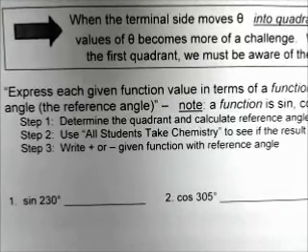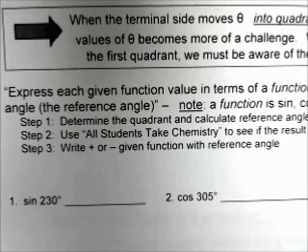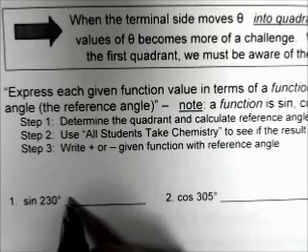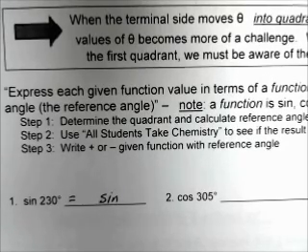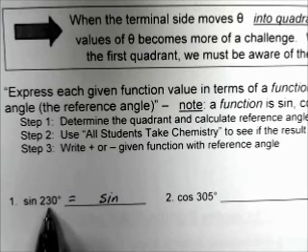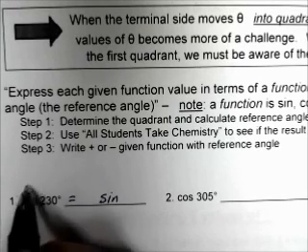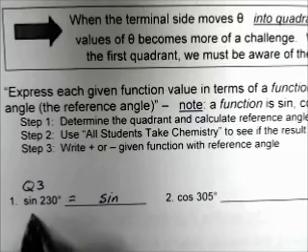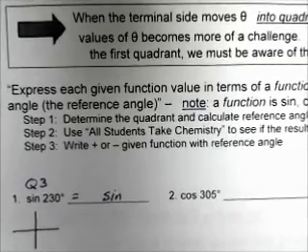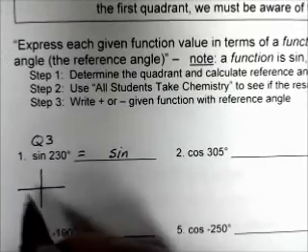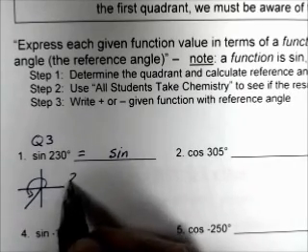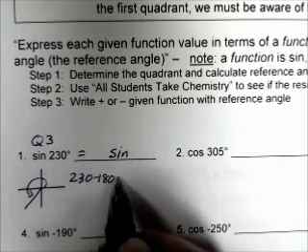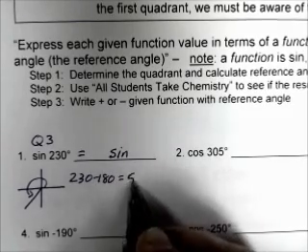Okay, so here we go. The sine of 230 degrees. This is going to equal the sine of what? Well, we need the reference angle. So a 230 degree angle would end up in quadrant 3. Again, oftentimes I like to draw a picture of it. 230 degrees would end up here. What's the reference angle? It's going to be 230 minus 180, which is 50.